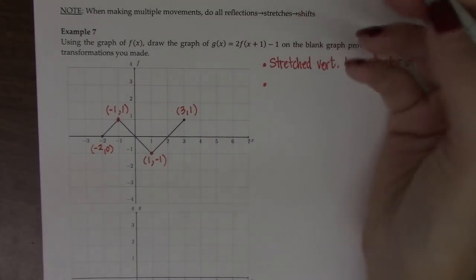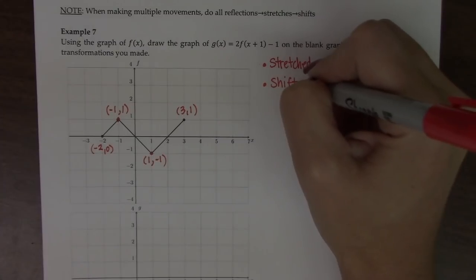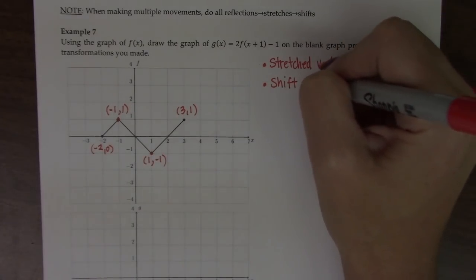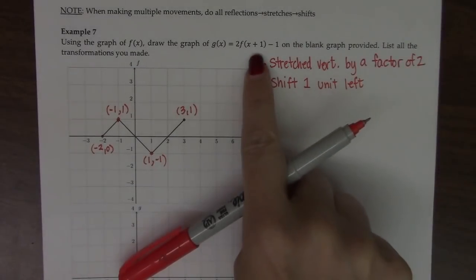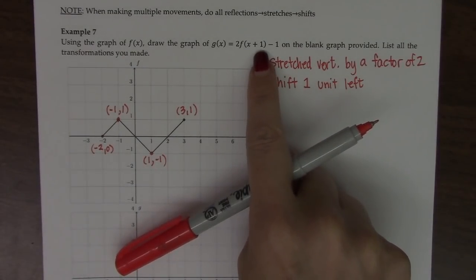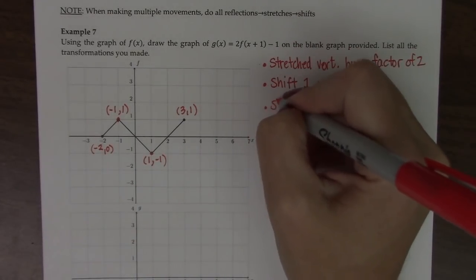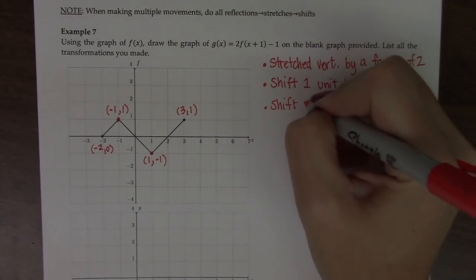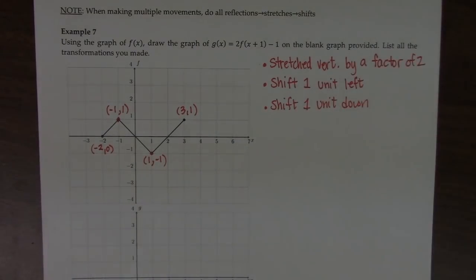The +1 on the inside is shifting 1 unit to the left, right? So it feels like you should be going right, but it's on the inside of the function, so we really go left. Then the -1 on the outside is shifting you 1 unit down.